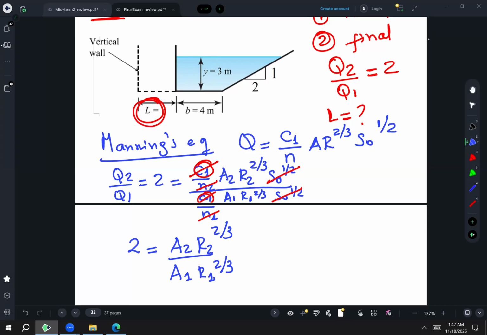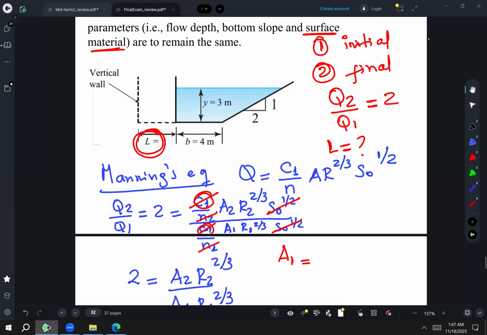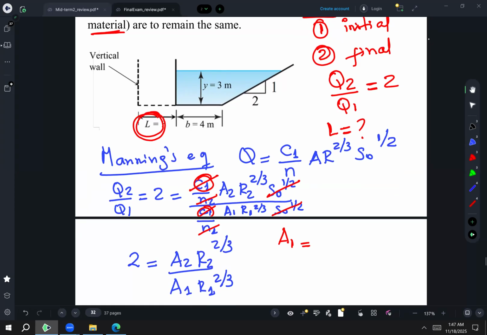Now I have to get the area and the hydraulic radius for the final condition and for the initial condition. Let's see first the area. What's going to be area 1, the area before the expansion? Area 1 will be the area of this channel, which is a trapezoid.